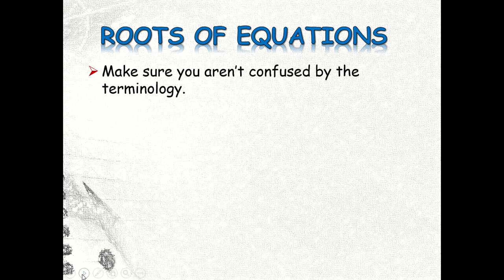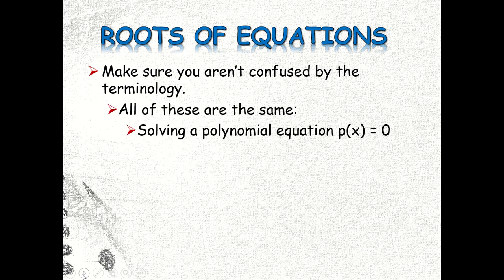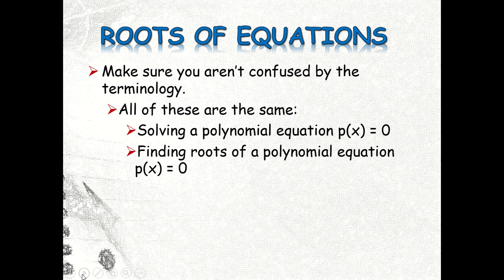So make sure that when you are reading or looking for references, you aren't confused by the terminology. Below are just the same. When you see solving a polynomial equation f of x equal to 0, this is just the same as finding roots of polynomial equation p of x equal to 0.